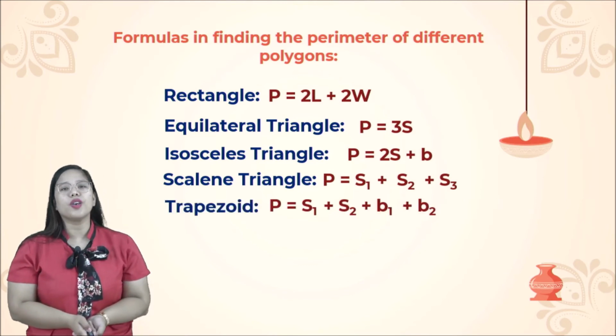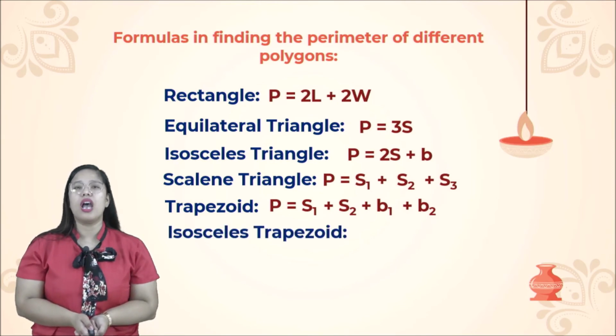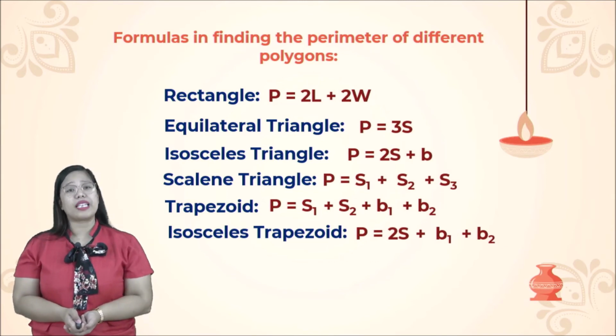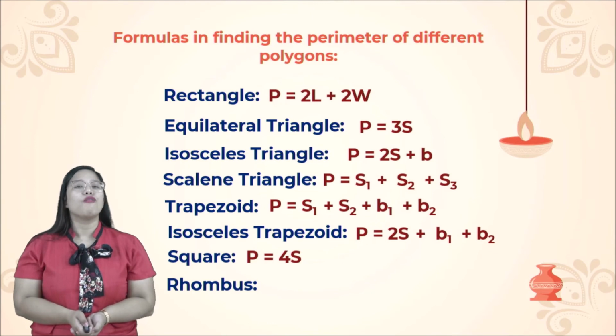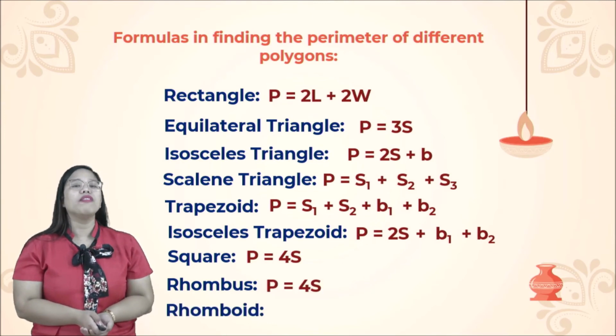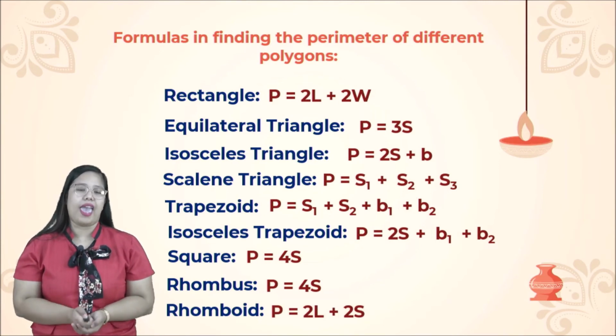For the trapezoid, we have S1 plus S2 plus B1 plus B2. Isosceles trapezoid, we have 2S plus B1 plus B2. For the square, we have 4S. For the rhombus, we have 4S also. And for the rhomboid, we have 2L plus 2S.